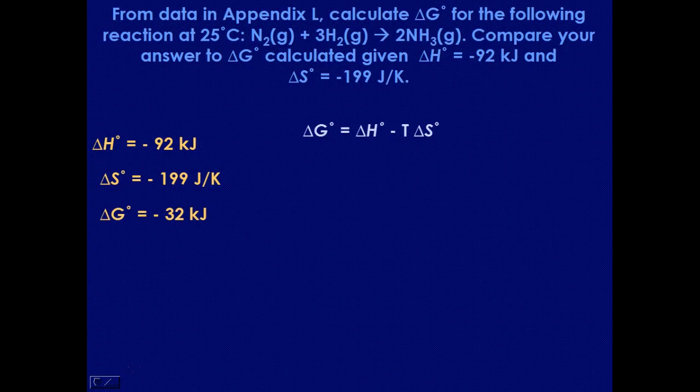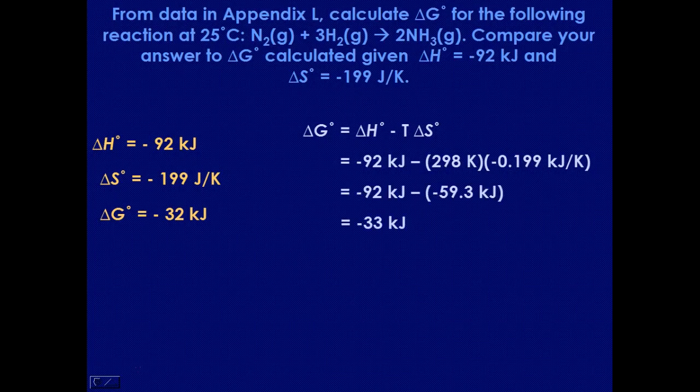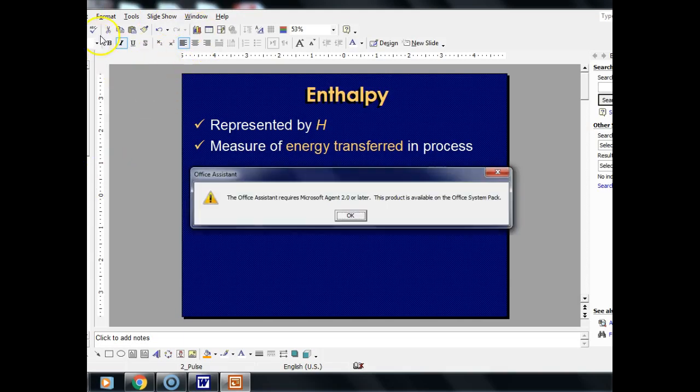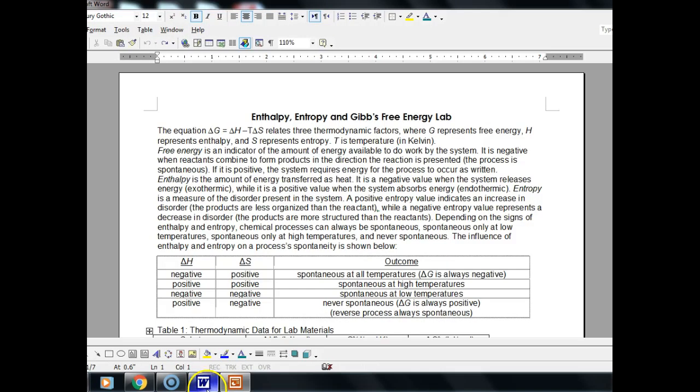If I look at this equation and I substitute in my delta H value, I convert my delta S to kilojoules by dividing by 1,000 and multiplying by the temperature, I get that the delta G value is relatively close, negative 33. So whether I use the free energy equation or I use my values of formation, I should be able to calculate my delta G's, my delta H's, and my delta S's.